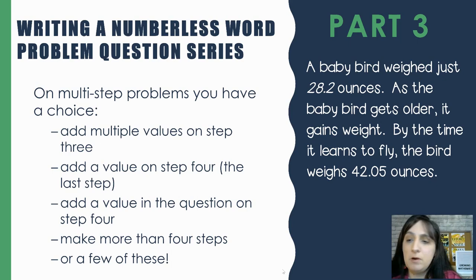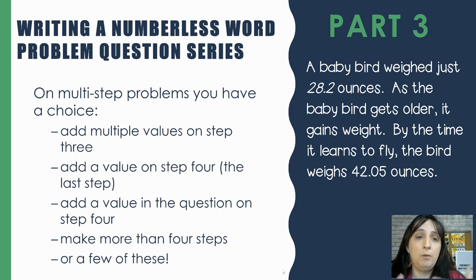This isn't one of my favorites because the problem-solving process that you're going to be doing when you're doing numberless word problems, it does take a little while. And the more steps you add in, the longer you're going to make this process take, and you might not be able to hold your students' attention and engagement for more than 4 steps. So 4 steps is usually where I like to leave it.